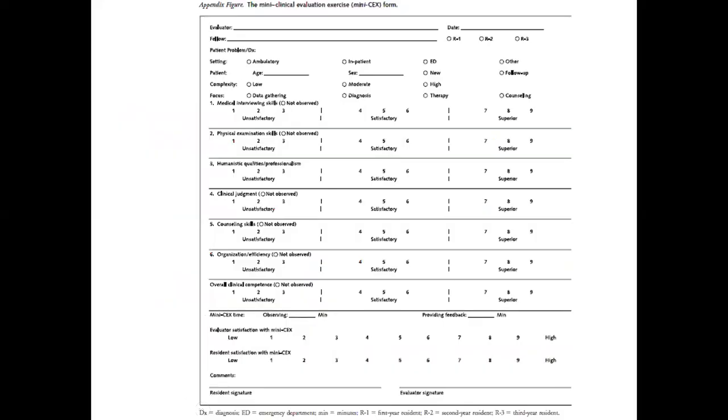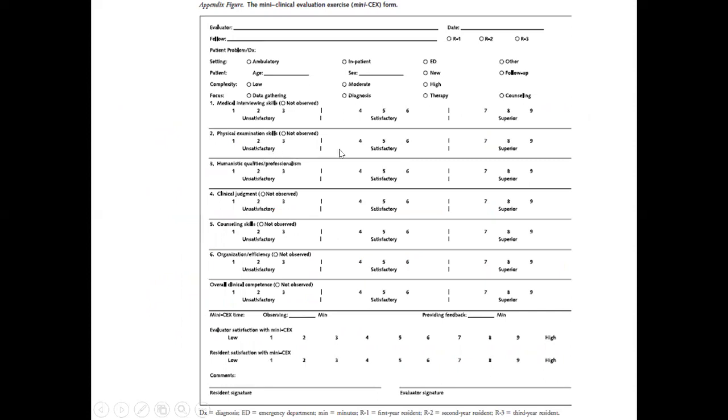So this is an example of the mini clinical evaluation exercise form, in which there are different aspects of the evaluation. It may be the physical examination skill, the subjective examination, the objective examination.